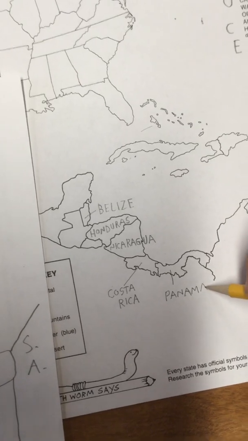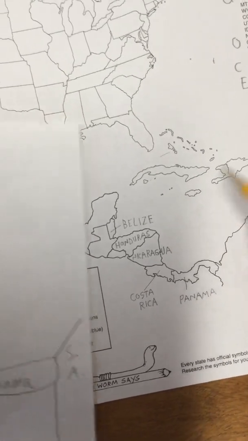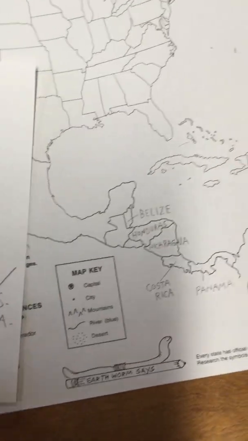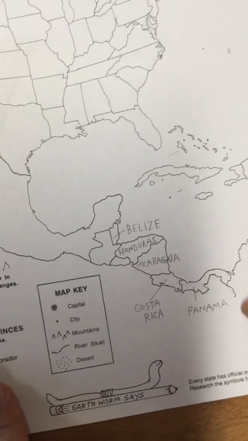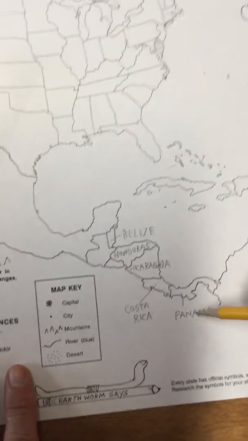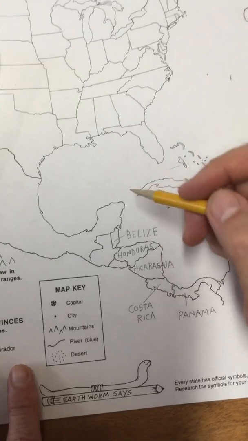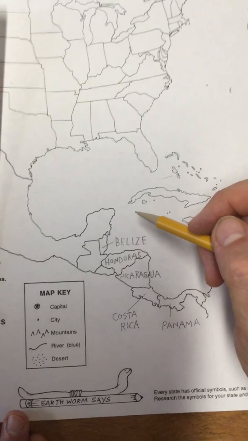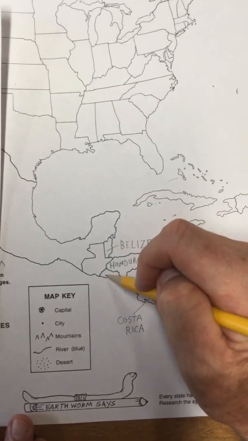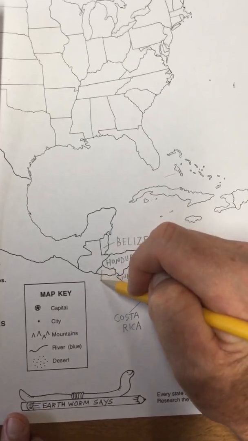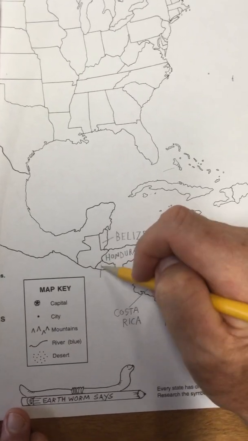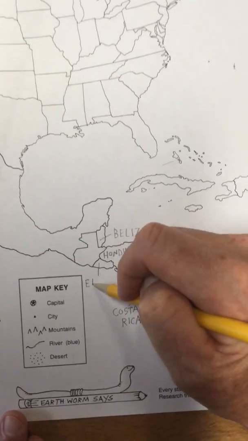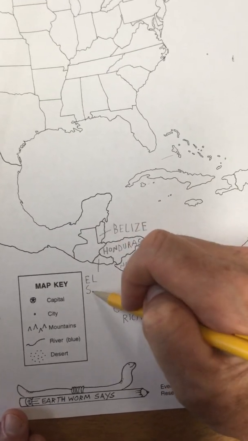And take note, I'm using all capital letters on my actual map. I used lowercase on the sketch map, but on the finished map, I want to make it a little bit nicer. I want those countries to stand out, so I'm using all capital letters. That's a common method when you're labeling countries. Okay, this country right here is El Salvador. Give yourself enough room to write it. I'll put it on 2 lines.